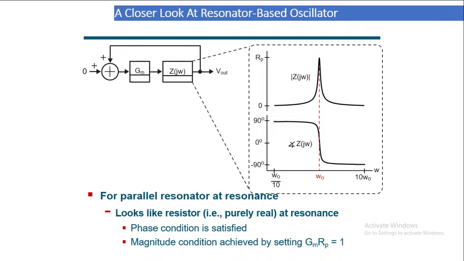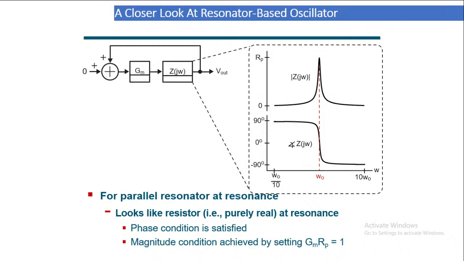Now let us look at what happens inside the tank circuit. If you draw the characteristics of the tank circuit, look at the curves drawn here, the top curve and the bottom curve. In the top curve, we see the amplitude of Z(j omega) varying with omega. It goes to a peak value Rp at some frequency omega 0, that is the resonant frequency. Exactly at that frequency, the phase, which is the bottom curve, is 0.